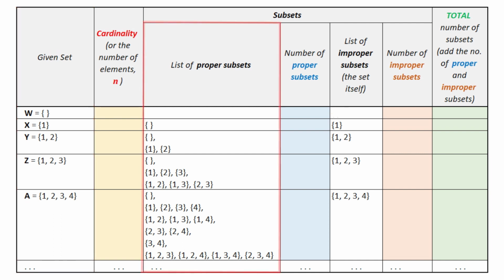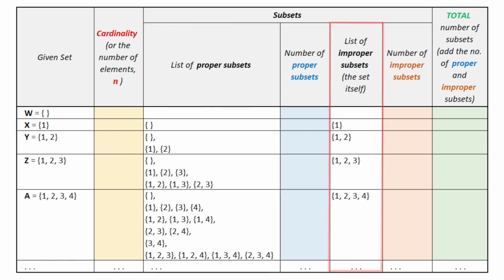On the third column, here are the proper subsets of sets Z and A, which were simply copied again from the previous slide. The proper subsets of sets X and Y are already shown, as they can be easily provided by organized listing.